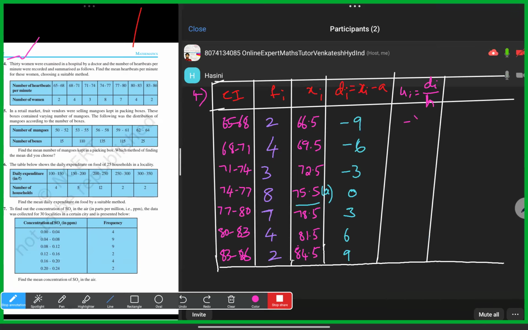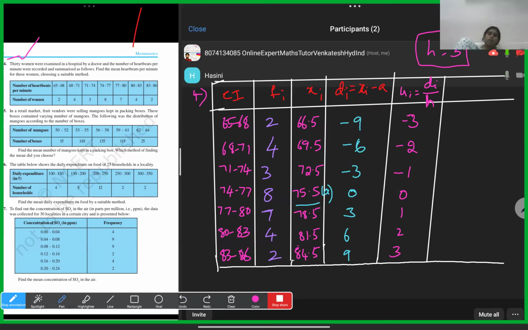Minus 9 by 3 is minus 3. Minus 6 by 3 is minus 2. Minus 3 by 3 is minus 1, 0, 3 by 3 is 1, 6 by 3 is 2, 9 by 3 is 3. Any doubt? Because h is the class size, the upper limit minus lower limit of any class interval. Here it is 3 everywhere.